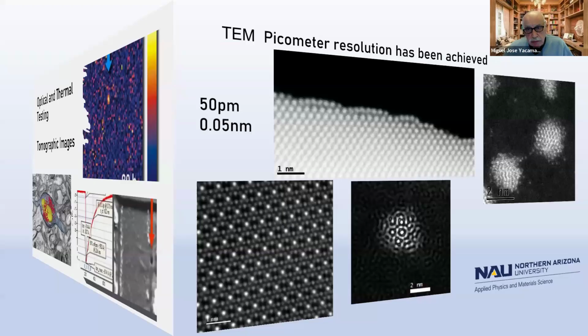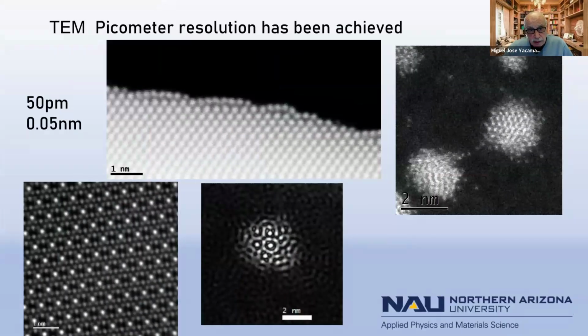Okay, the next instrument I would like to mention is the transmission electron microscope. Well, what happens is that after almost 70 years since its discovery, electron microscopy achieved the goal of seeing atoms, okay?